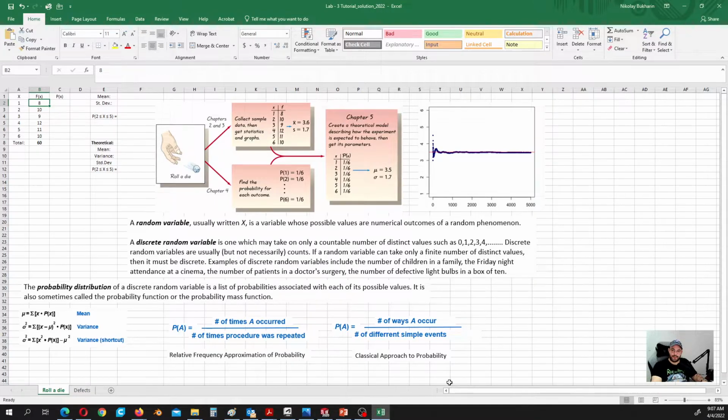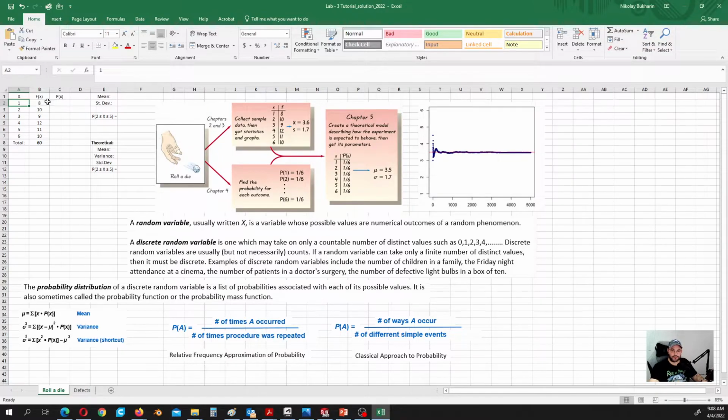And there is the classical approach to probability, which is the theoretical value. That's the number of ways A can occur divided by the number of different simple events. If we take 1 again, in how many ways can we roll 1? Only one. And divided by the number of different simple events, that's 1, 2, 3, 4, 5, 6, so we have 6 different simple events here.